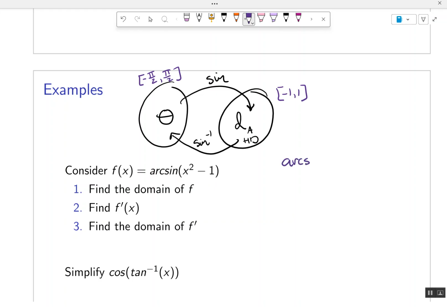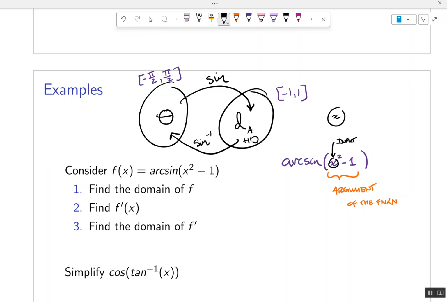So we have arcsine of x squared minus 1. This thing right here is called the argument of a function. Which is different than this, which is the input, because we're dealing with a composition of functions. X is not what goes into arcsine.